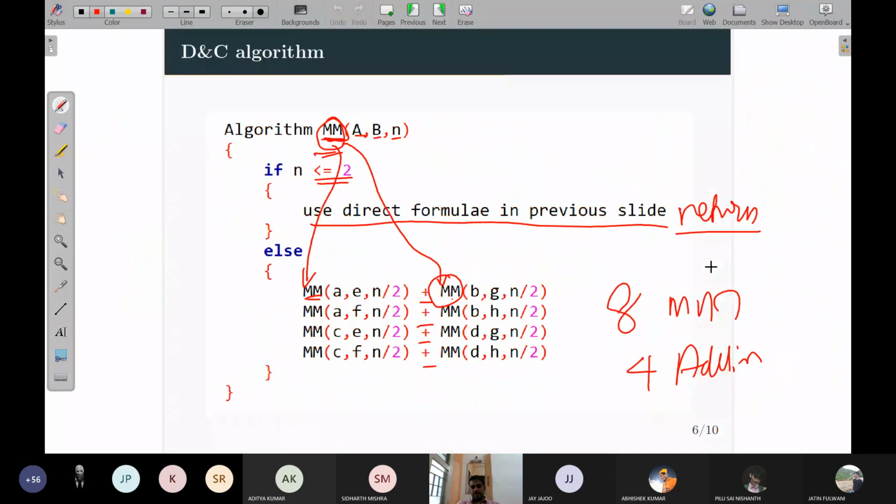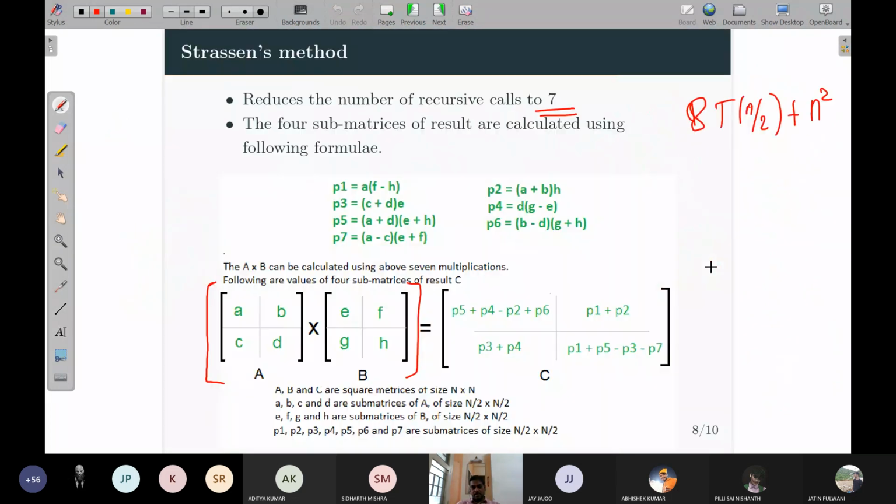How Strassen's method is applied is like this. First you identify these quantities, P1, P2, P3, P4, P5, P6, P7. P1 is equal to A, this is a matrix, not a number, into F minus G. So how many multiplications and additions are here?